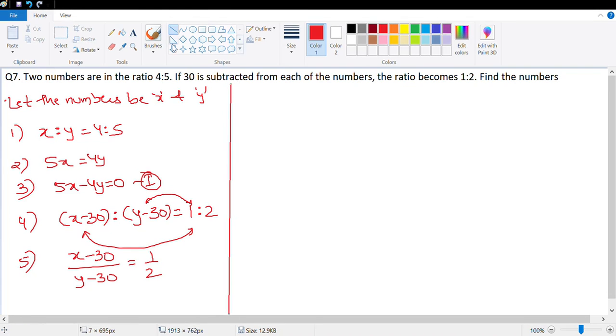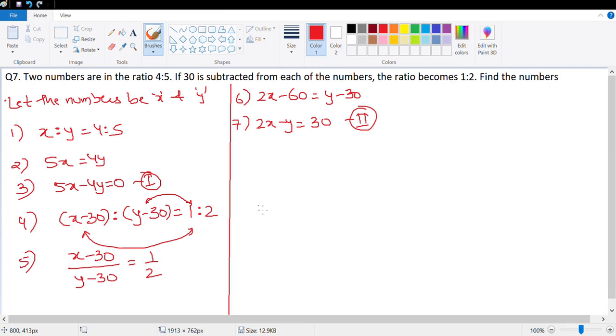And now let's cross multiply. So 2x minus 60 is equal to y minus 30, which means 2x minus y is equal to negative 30 plus 60. That's 30. So that's our second equation. So 5x minus 4y is 0 and 2x minus y is equal to 30.